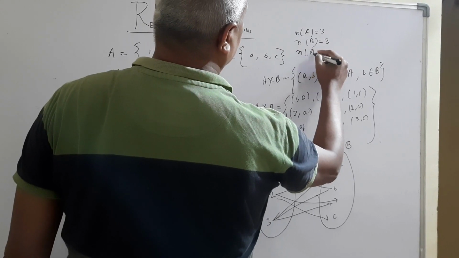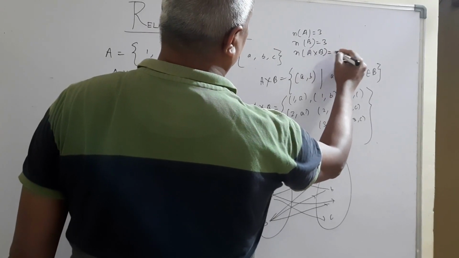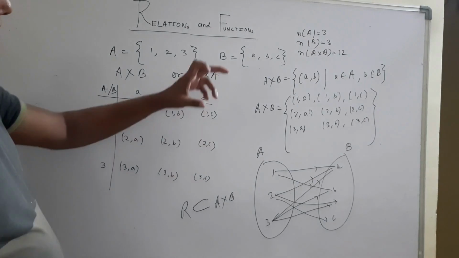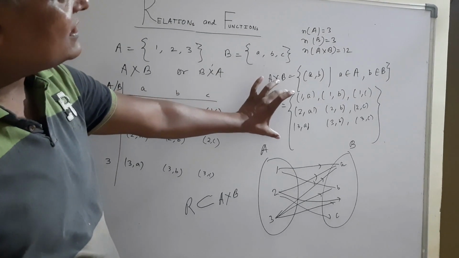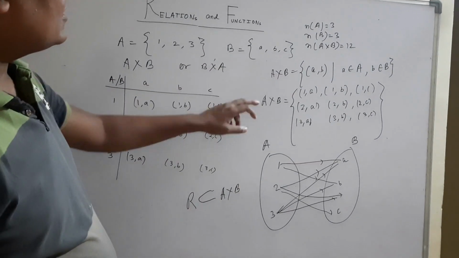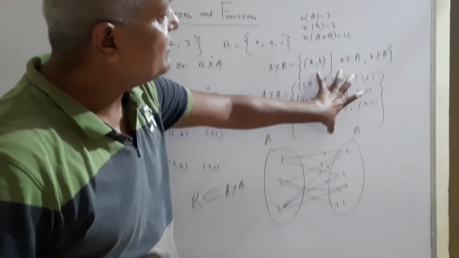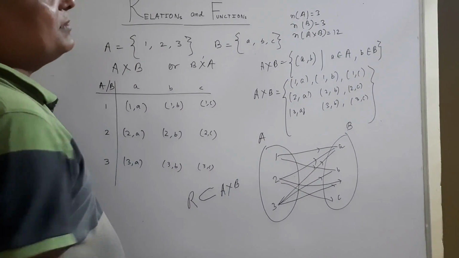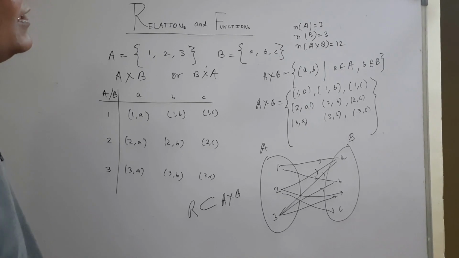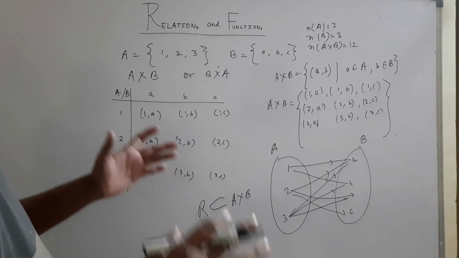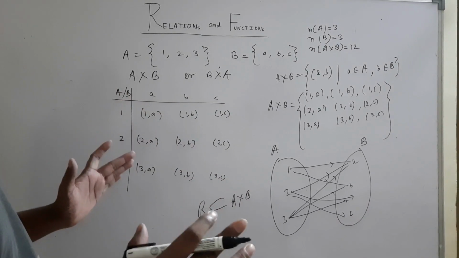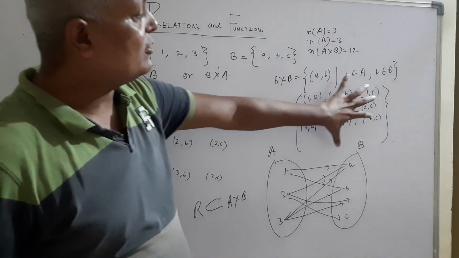So the number of elements in the Cartesian product A cross B will be 12. And if you want to make the power set, that is the collection of all possible subsets of this set, its number will be 2 to the power 12. That is a huge number, and a relation is just one part of this, like you can take any 4 elements.